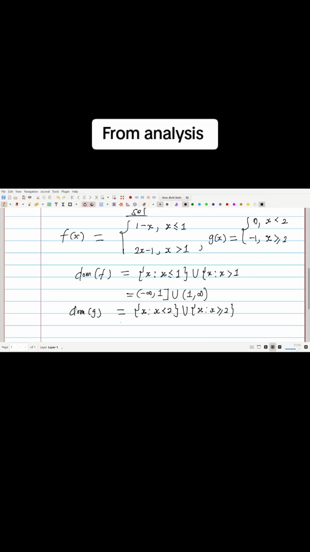Now, writing this in interval notation, since x is less than 2, we have minus infinity ending at 2 exclusively, union, now x is bigger than or equal to 2, that means we start from 2 ranging to infinity. All right, so we have these two domains at hand.